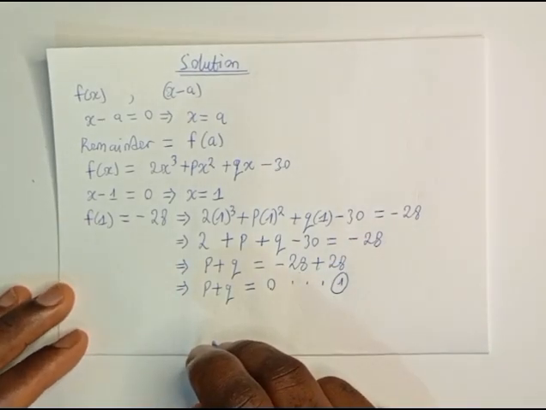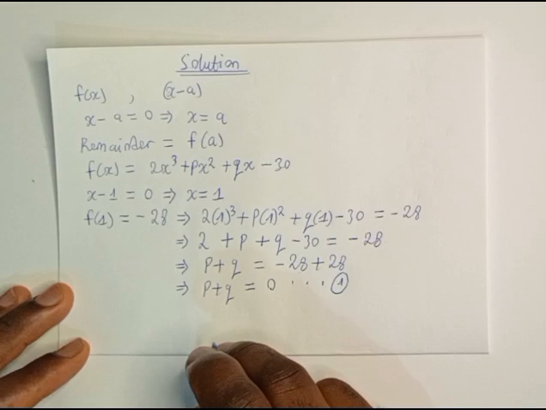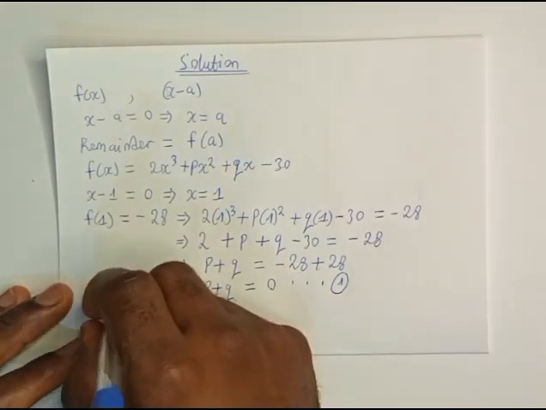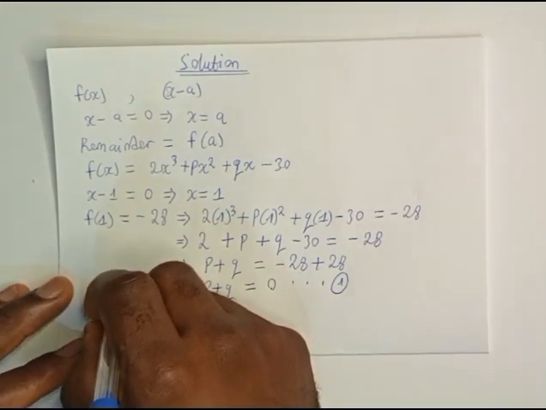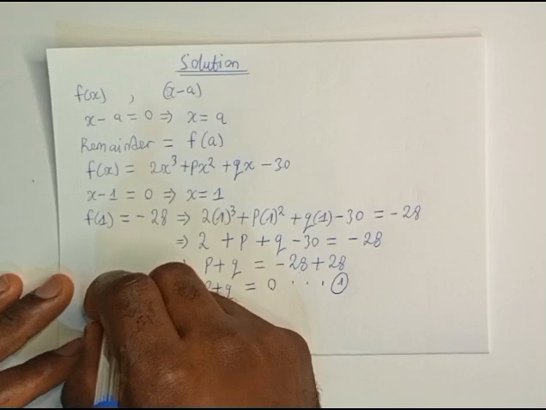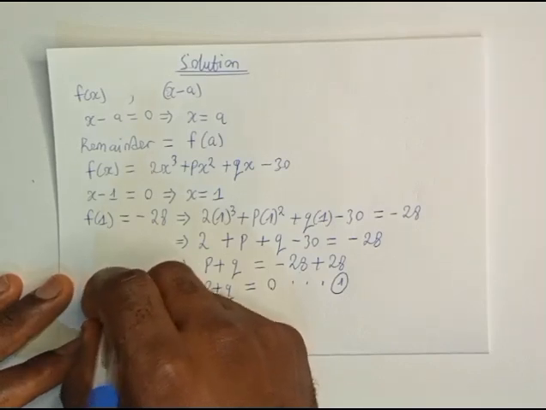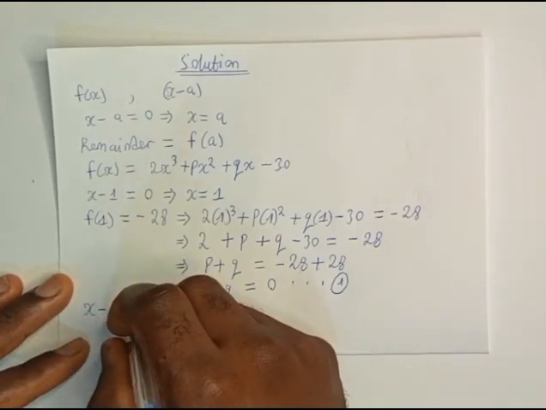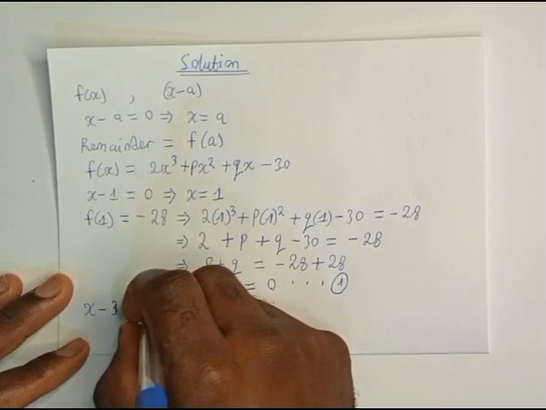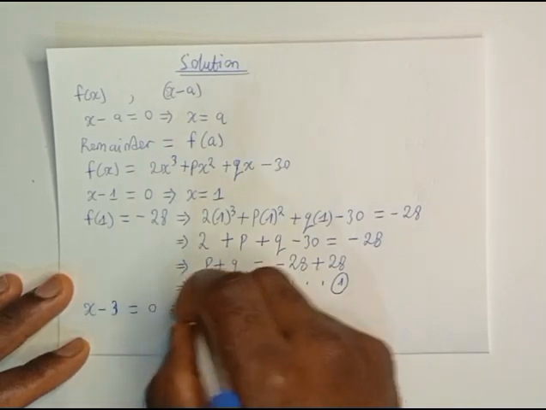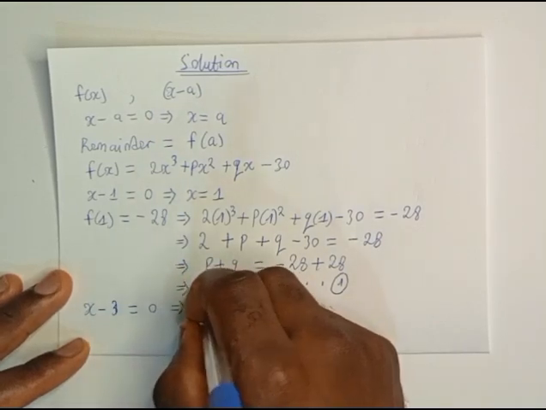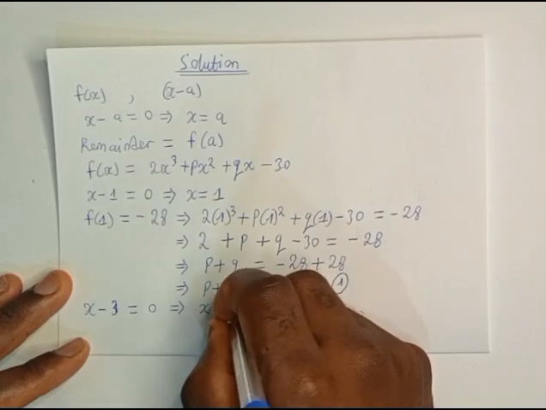The question goes further to tell us that when the polynomial is divided by x minus 3, it leaves a remainder of 66. We equate x minus 3 to 0. Then our x will be equal to 3.